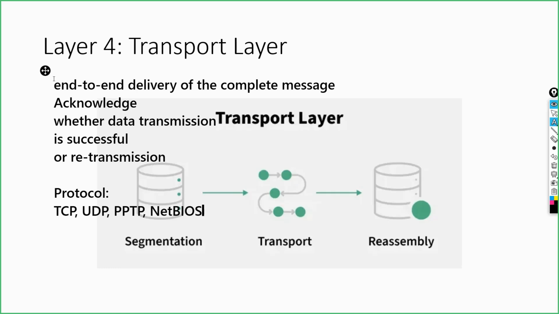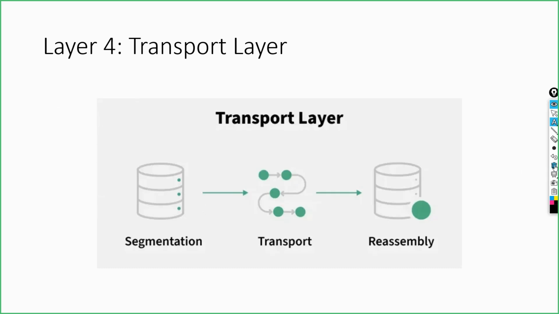Now, the transport layer uses two different protocols, TCP and UDP. It ensures whether the data communication which has happened was successful or the retransmission is required.